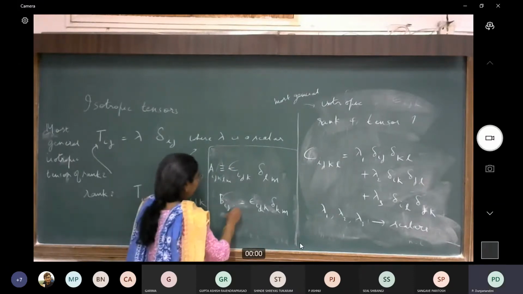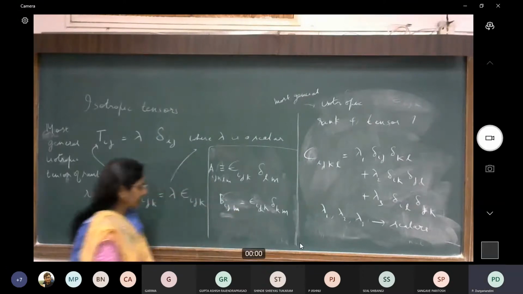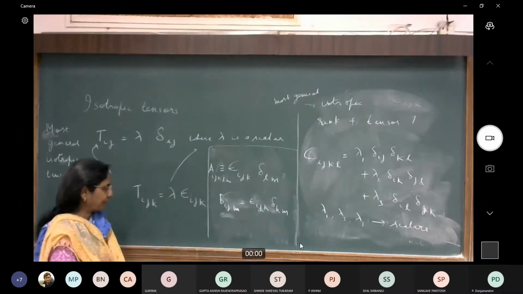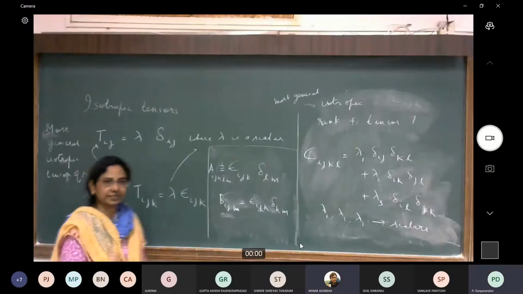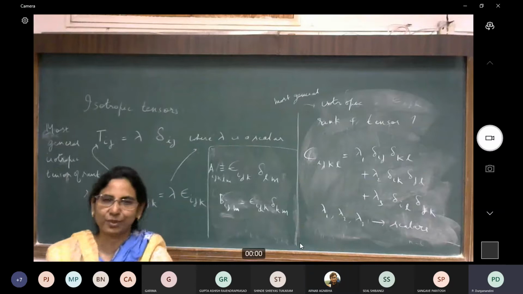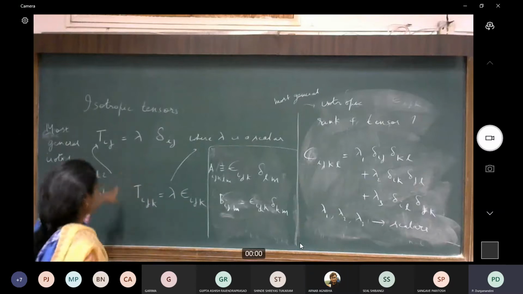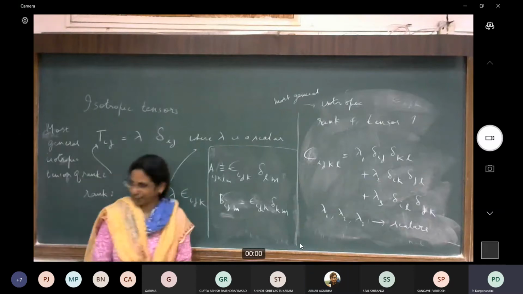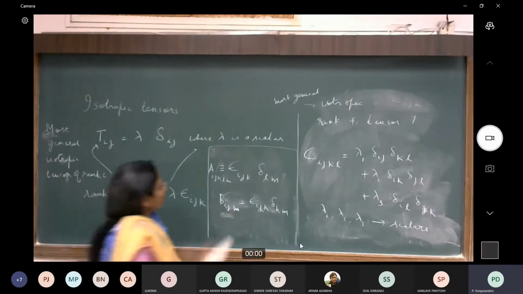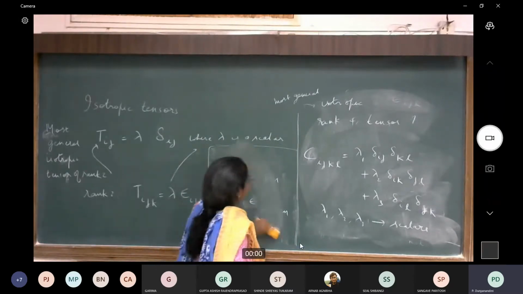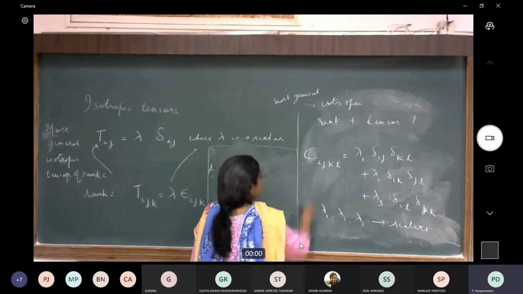Now, what will be the components of this object? The Levi-Civita tensor, same as the Levi-Civita tensor. That's right. So you will see that you won't get anything different from your Levi-Civita tensor. Verify that. So the most general isotropic fourth rank tensor, you can show that I can't get anything else. I can only get this.